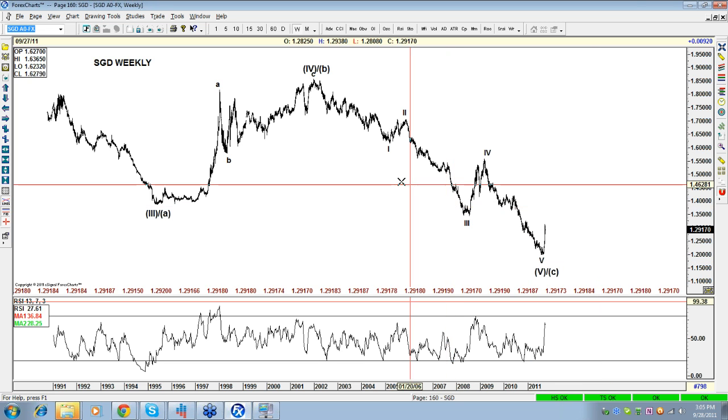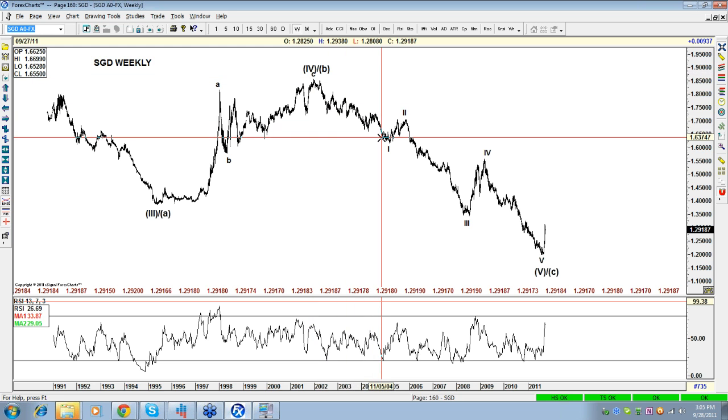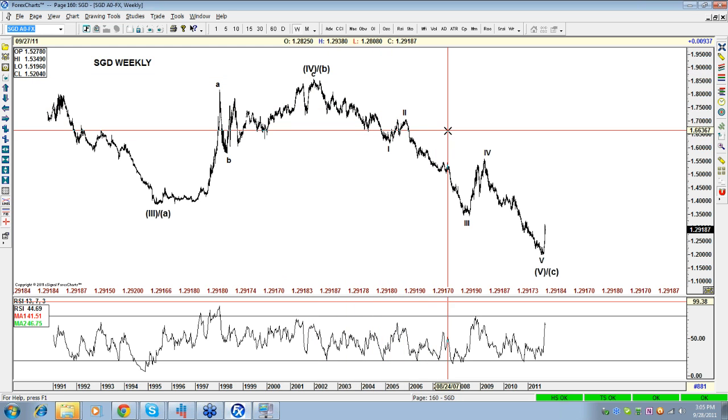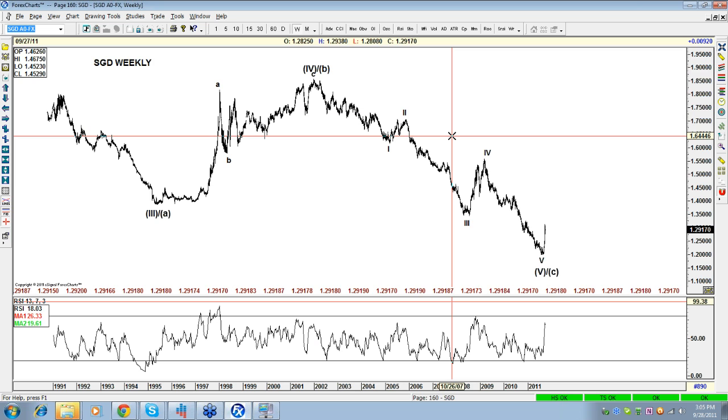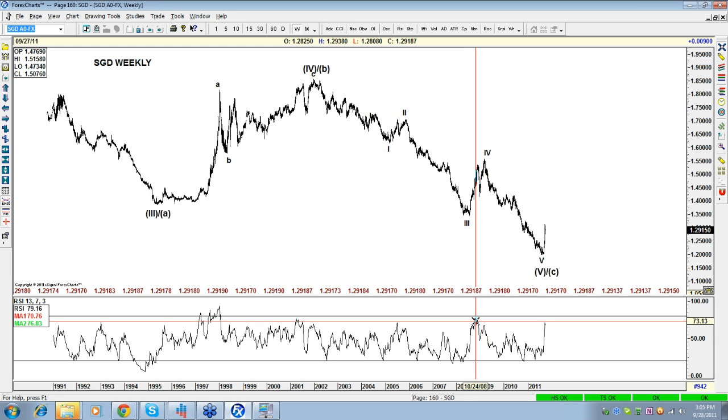Now, from here you can see 1, 2, the lowest read on the RSI here, 4, and because this high went above the previous wave 2 read on the RSI, that's not a nest.